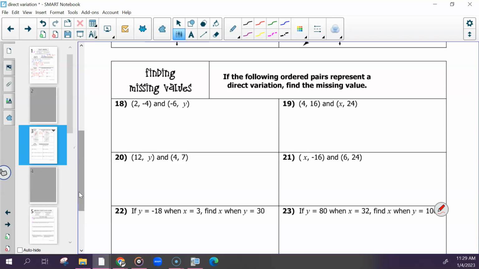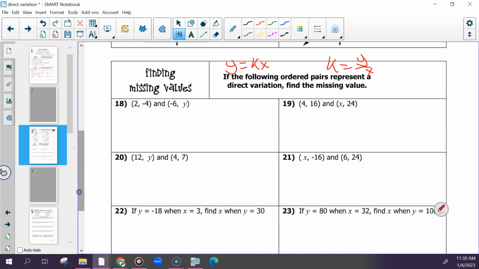So this is really where those equations that we talked about before come into play. So if you want to rewrite them, you can. Y equals kx and k equals y over x. If at any point you forget what those are, they're also on the vocab wall.